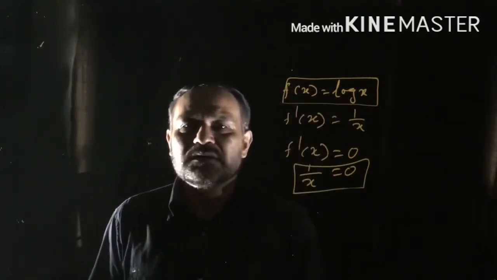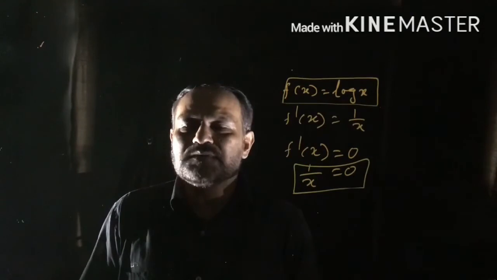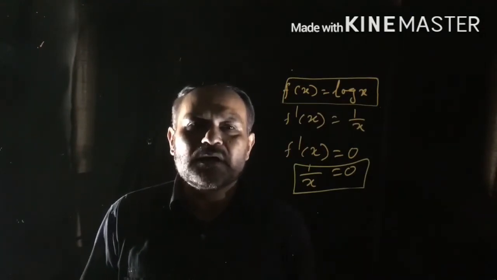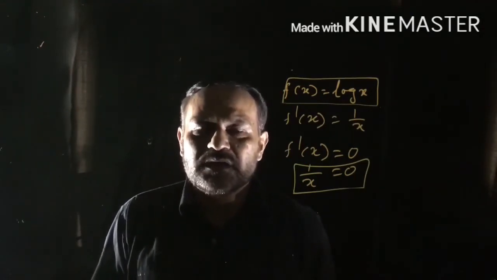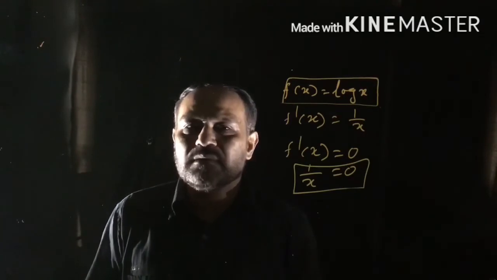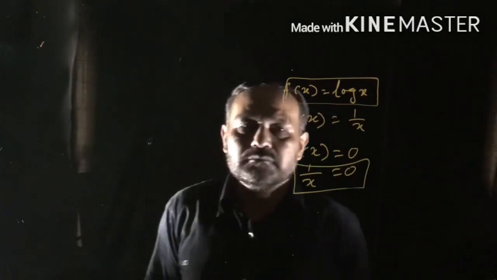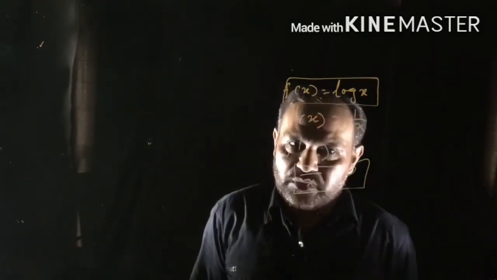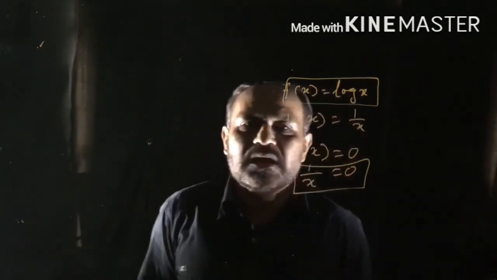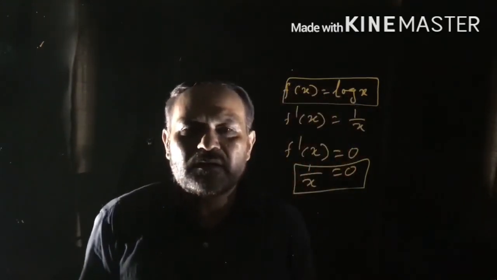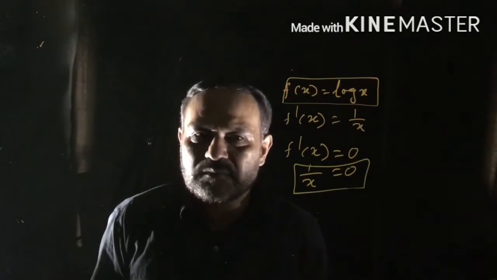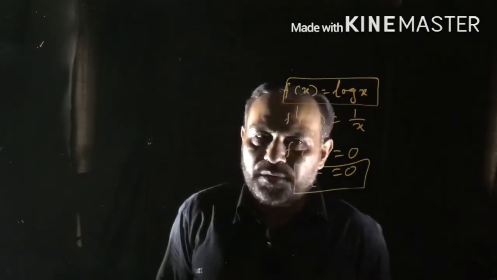Next, Devidat, tell me, if the sum of two positive numbers is given, then when is its product maximum? When both numbers are equal. Okay. When two numbers are equal, then their product is maximum if the sum is given.